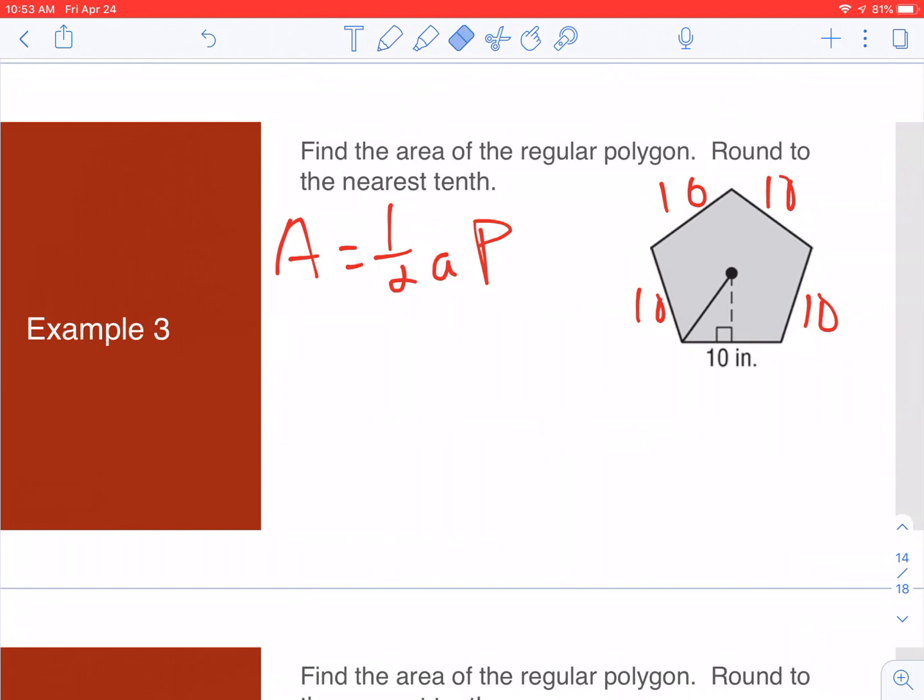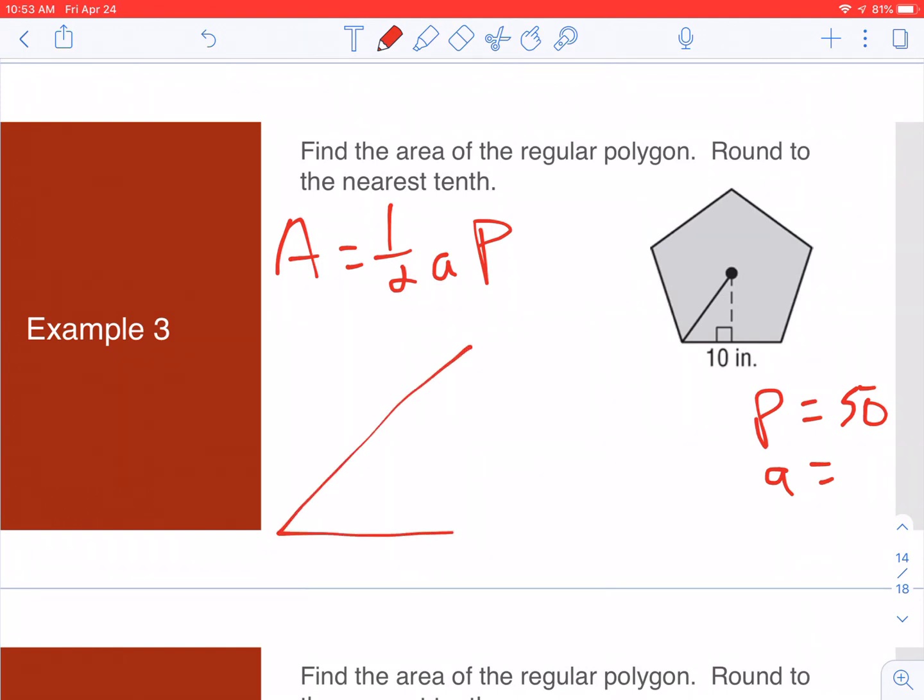Okay, so I'm going to erase all those. So P, perimeter, capital P, equals 50. I have to find A. Okay, so this is kind of a 2-step problem. Actually, more than that. What I'm going to do here is I am going to draw our triangle right here.